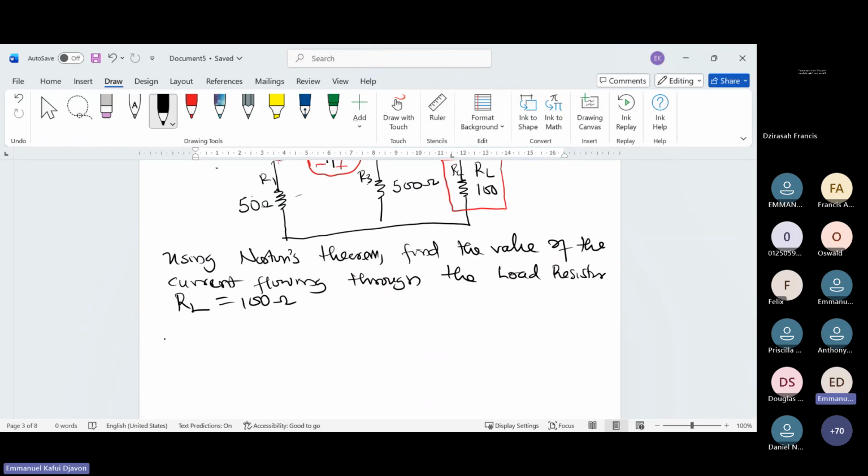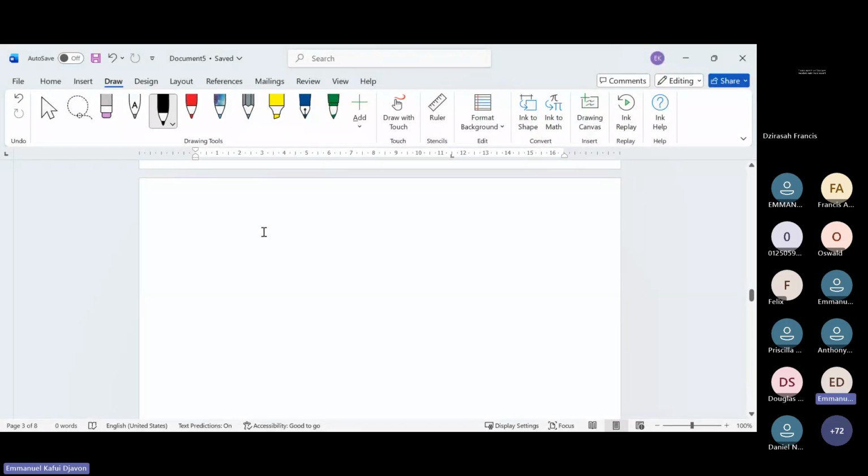So let's say RT1 be equal to, that will be 200, or let me redraw the circuit so that we can see what I'm doing properly. Okay, so here, let's start from here. The circuit goes this way.